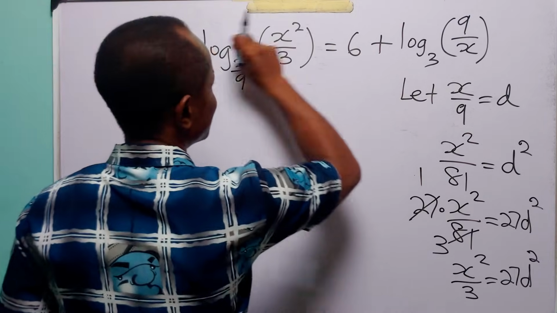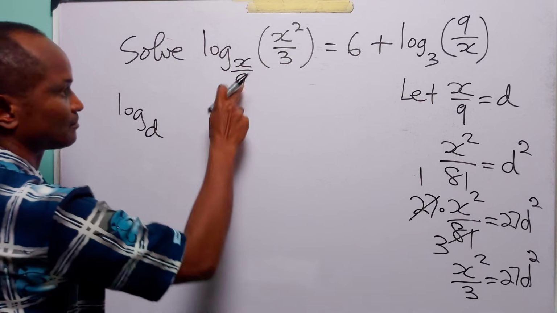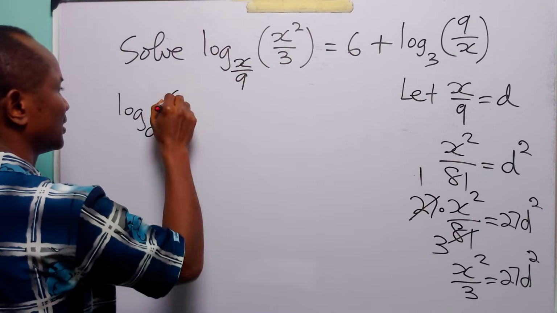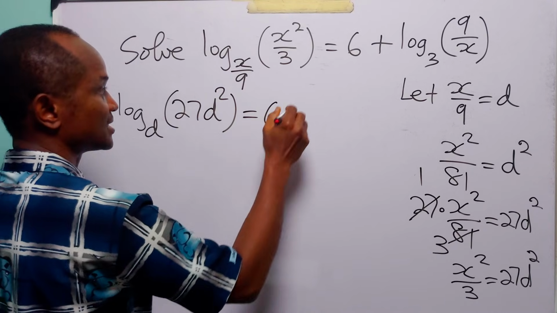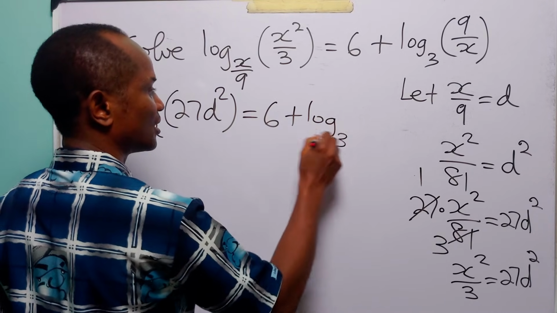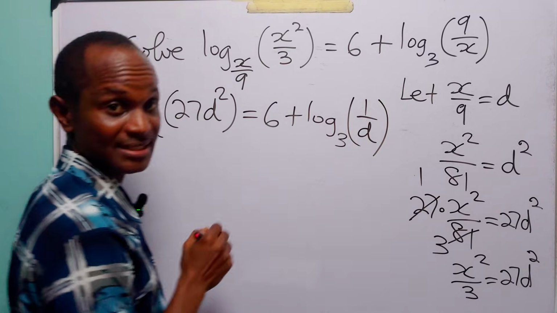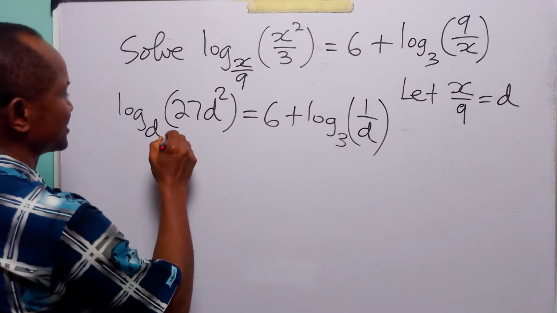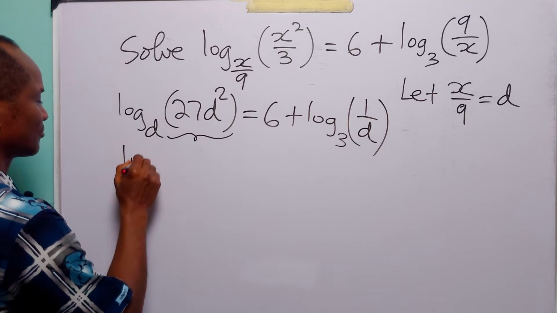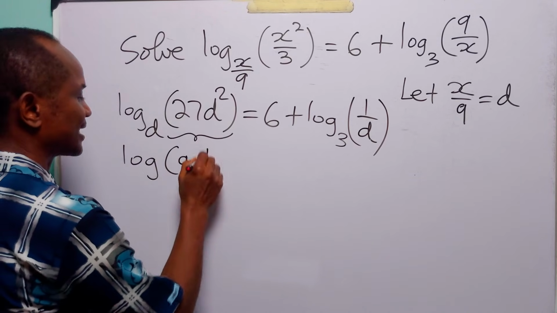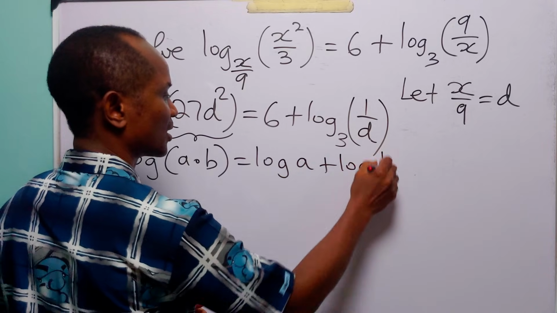Now, when we rewrite this original equation, we have log base d of 27d squared is equal to 6 plus log to base 3 of 1 over d. Now, notice that 27 times d squared is a product, and recall that log of a times b is equal to log a plus log b.